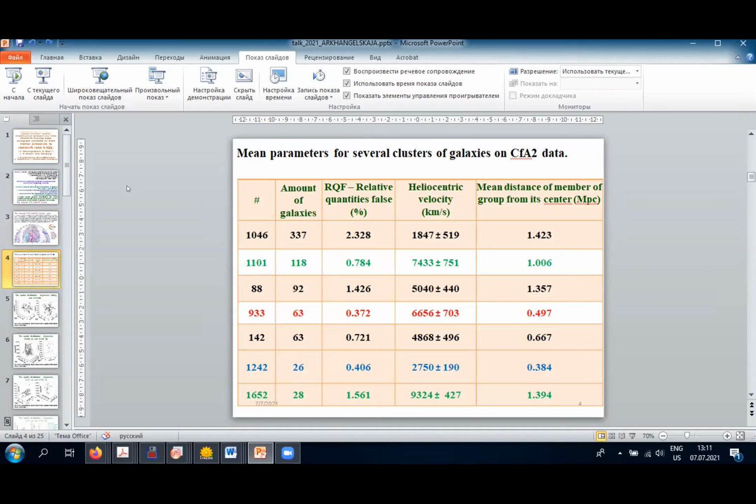The mean parameters for such clusters are seen in this table. You can see that the number of galaxies is more than several tens, and we try to analyze the spatial distribution of such clusters.